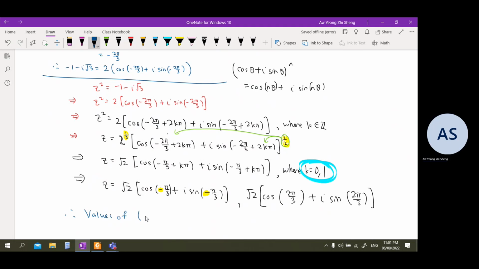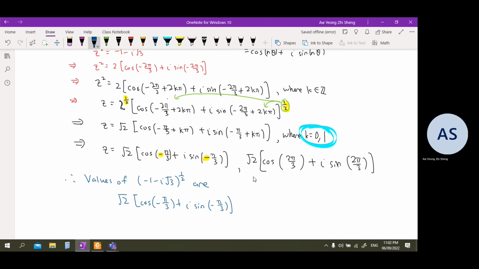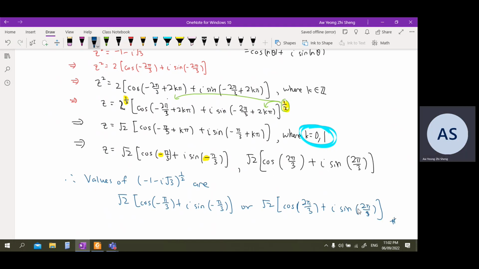Values of (-1 minus I root 3) to the power half are equal to 2 cos of minus pi over 3 plus I sine minus pi over 3, or equal to 2 cos 2 pi over 3 plus I sine 2 pi over 3. And this is your final answer.